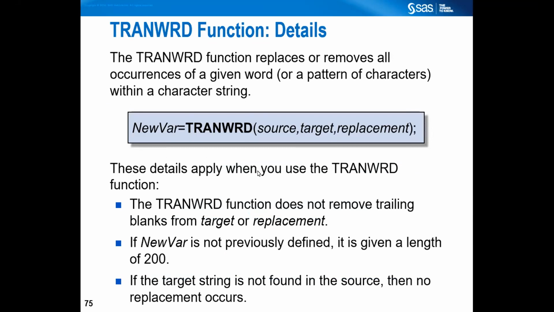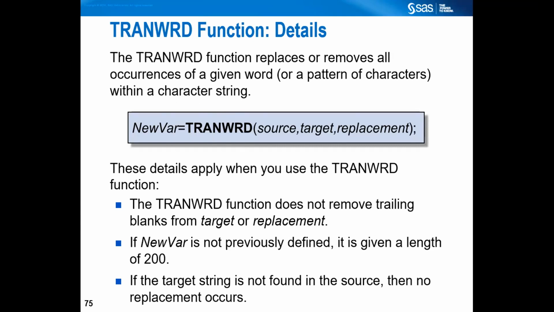These details apply when you use this tranword function. It does not remove trailing blanks from target or replacement. So it's better we specify it as a value if you want to give those spaces. And by default, whenever you use this function, your new variable takes the storage byte space as 200. But later on, you need to always adjust the length by using a length statement.